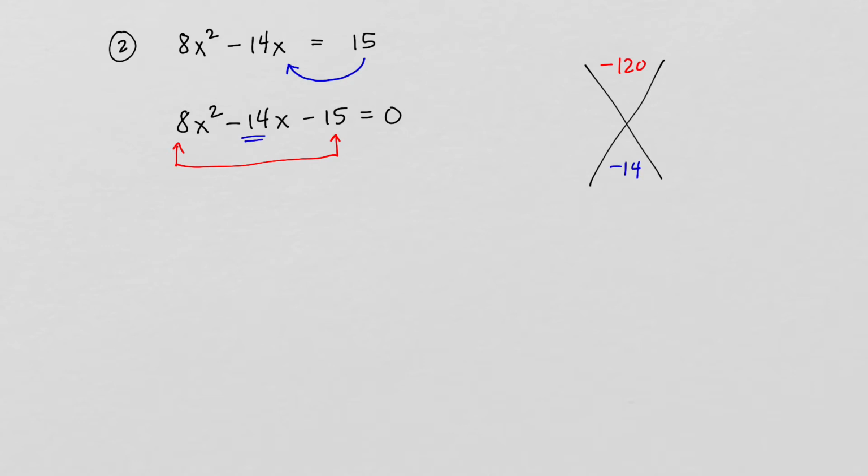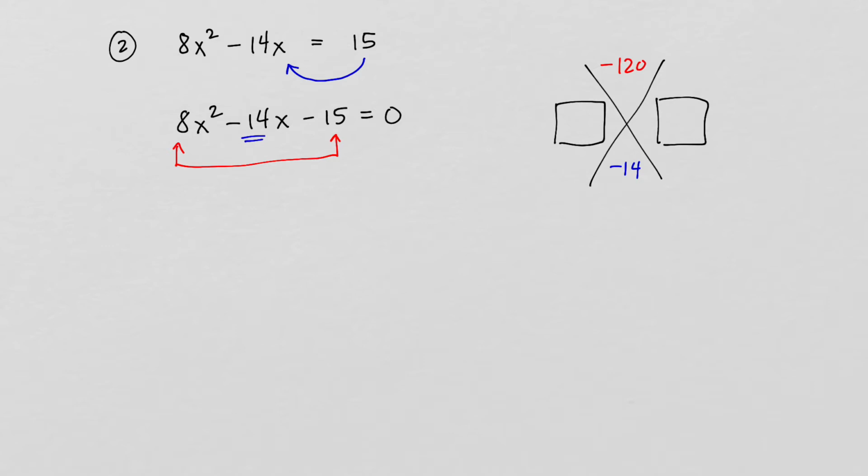And then we are looking for two numbers, here and here, such that the product of those two numbers has to be negative 120, and the sum of those two numbers has to be negative 14. So we need to think about what numbers can we multiply to get negative 120 and add to get negative 14.